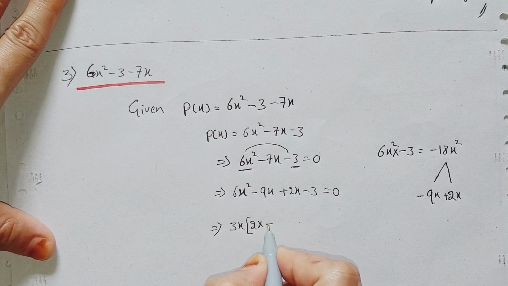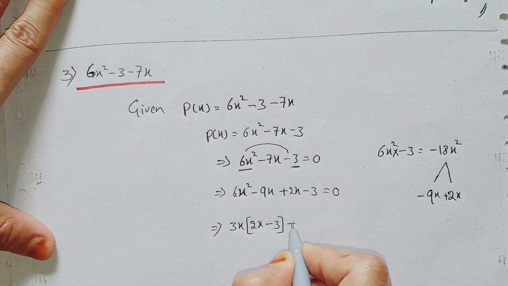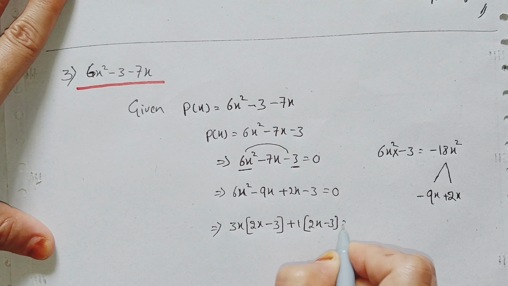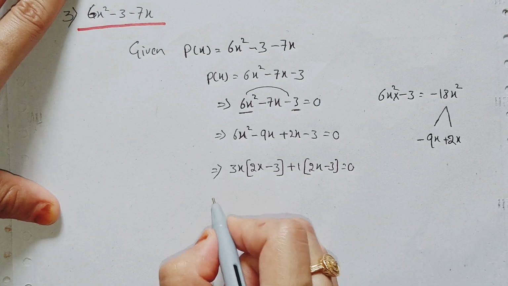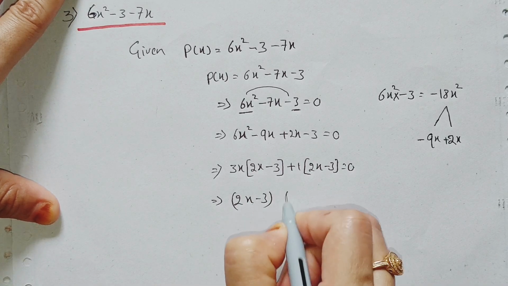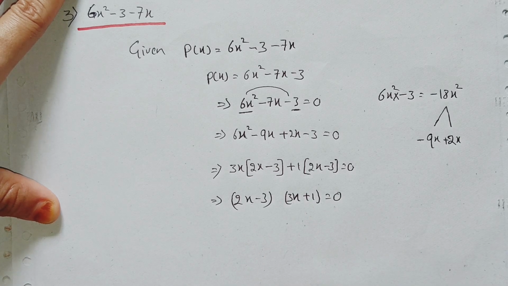Minus sign is there, then 3 3 is 9, x is already there. Then here plus 1 of 2x minus 3 equal to 0. So the common terms are 2x minus 3 and 3x plus 1 equal to 0.